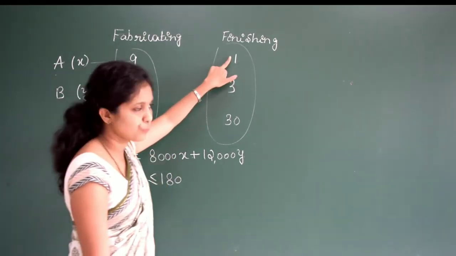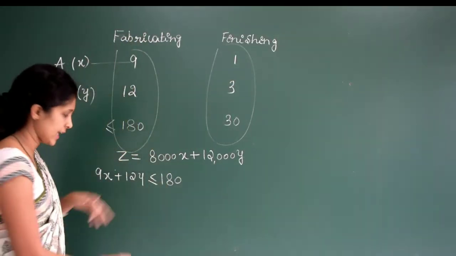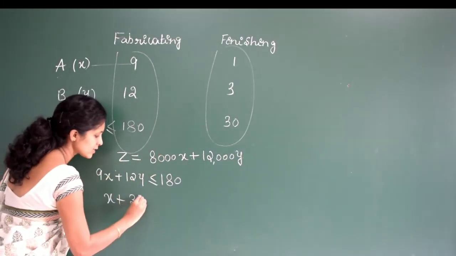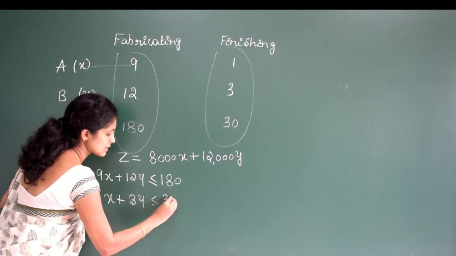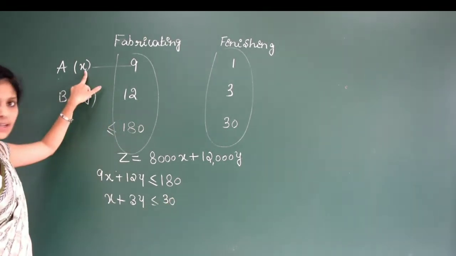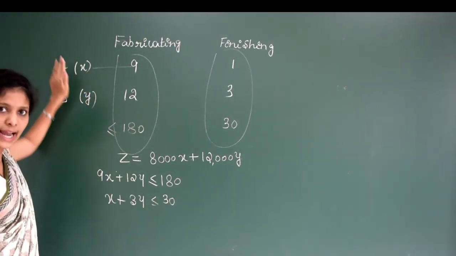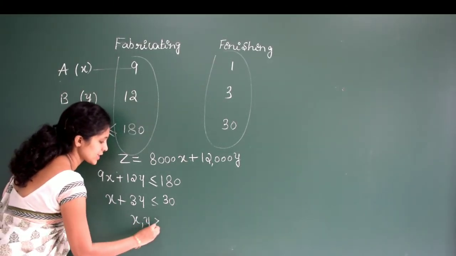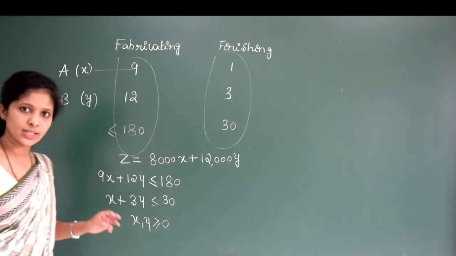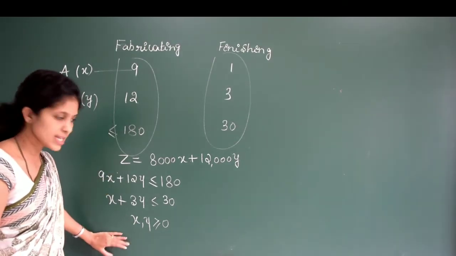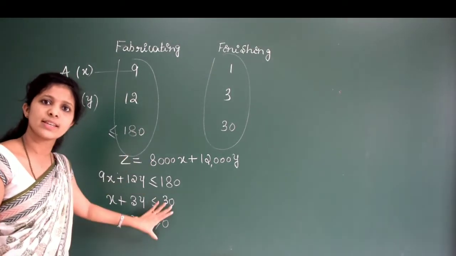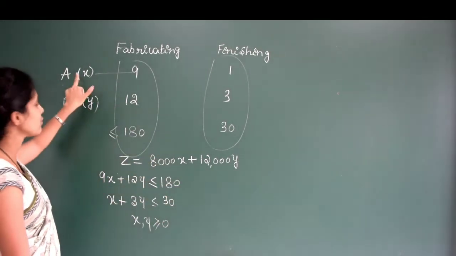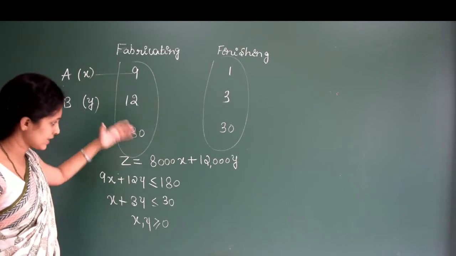Another equation for finishing: 1 into x plus 3 into y should be less than or equal to 30. Here x is the pieces of model A and y is model B. So obviously the values of x and y are greater than or equal to 0. So we now have 3 constraints and Z. By using this you can easily find the maximum profit and the values of x and y. I think you can solve this. Try.